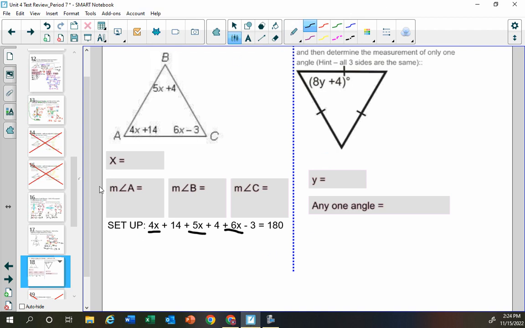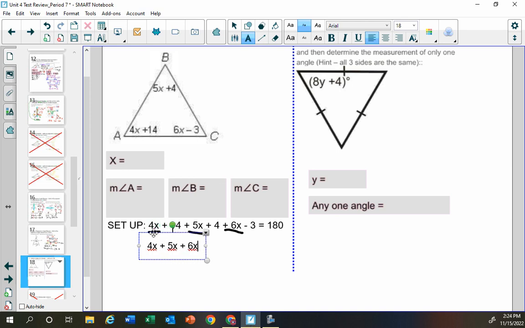Now, before we get there, what are we doing with our x's again? Well, do we have any parentheses? No. Just combine. So I have a 4x, a 5x, and a 6x. How many x's are there in total? What's 4 plus 5 plus 6? And then similarly, we're going to combine the 14, the 4, and the minus 3.